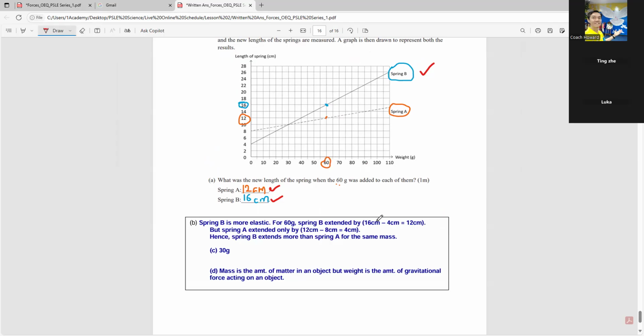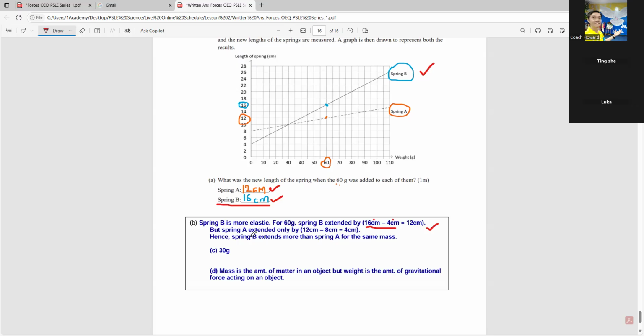Since we already use 60 gram, then we use 60 gram. You can shorten. So for 60 gram, spring B extend by 16 minus 4. Why 16 minus 4? Because just now we calculated the answer. So spring B will have a length of 16 centimeters, but the original length was 4. So the extension is 16 minus 4, you get 12.